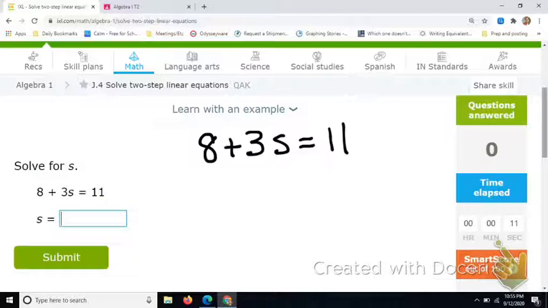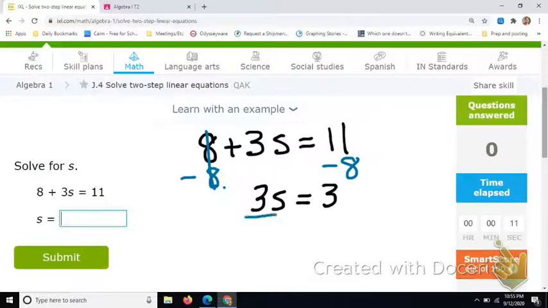So I need to subtract 8, because that's how I'm going to get rid of it, so that the s is getting closer to being by itself. And then 11 minus 8 is 3. Then divide both sides by 3. And s is equal to 1.